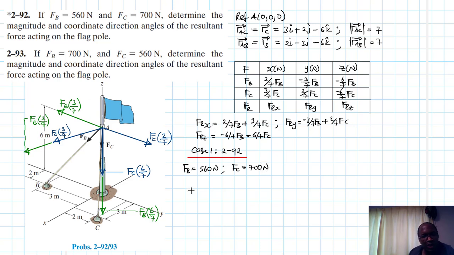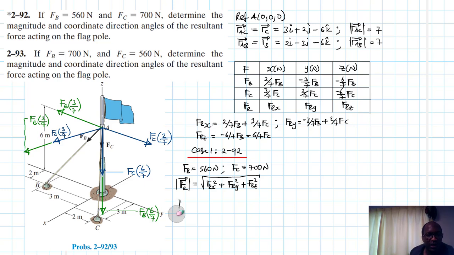So I've been asked to determine the magnitude, and we know that the magnitude of the resultant FR is equal to the square root of FRx squared plus FRy squared plus FRz squared. And we have this, so we're just going to plug in.